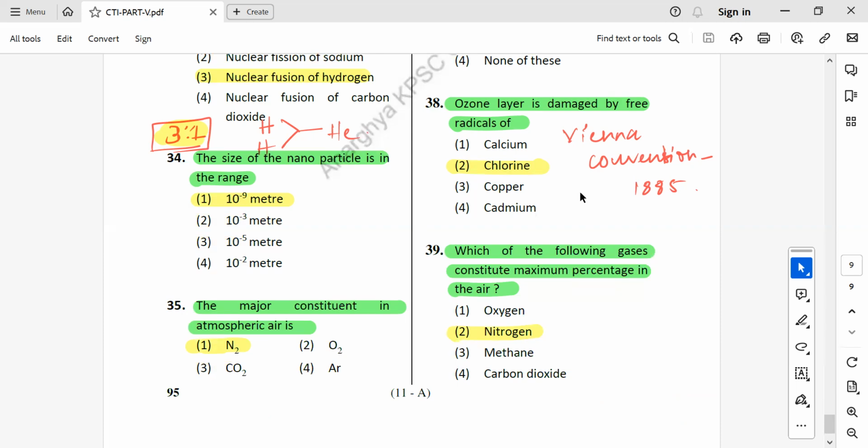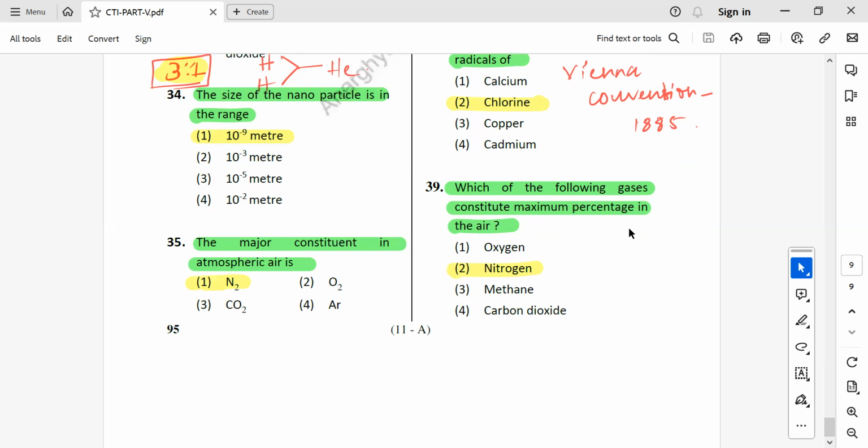We have also seen the Vienna Convention, which talks about protection of the ozone layer and removal of ozone-depleting compounds. Also important: which of the following gases contribute the maximum percentage in the atmosphere? They have repeated the same question. This is a very important question as well.